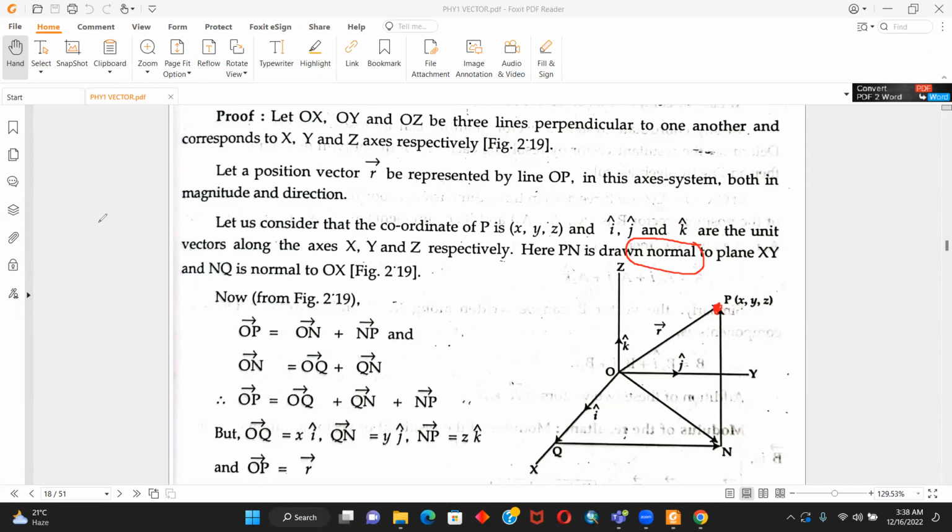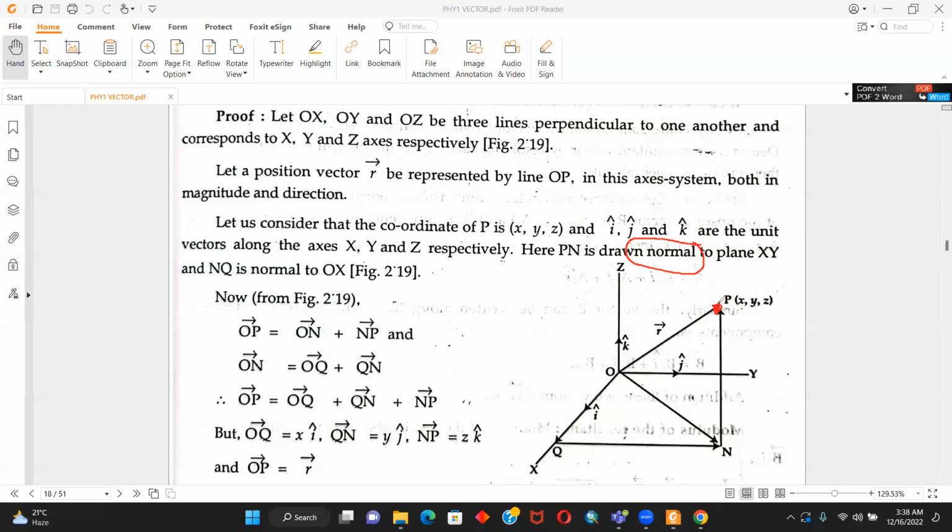If I tell you to recall, have you never heard the term normal, after reading mathematics for 15 or 16 years? Don't you think you have heard that?